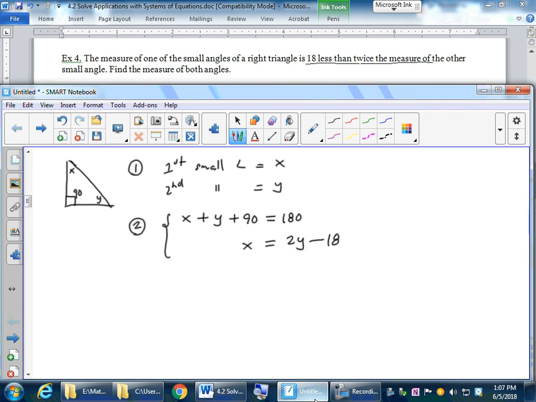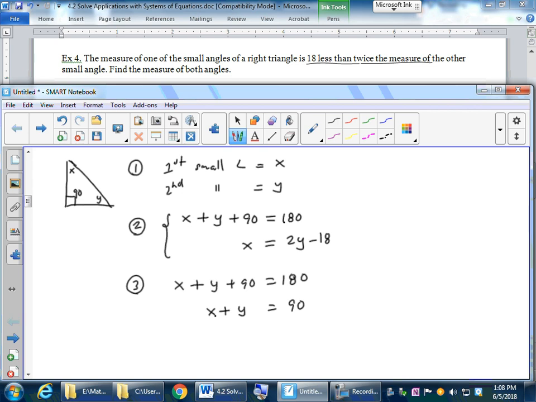So now this allows us to solve the system again. Since this is already solved for x in one of the equations, I can use the substitution method. So I will start with x plus y plus 90 degrees equal to 180. Subtracting 90 on both sides, that will be x plus y is equal to 90. And we're going to substitute x into this equation.